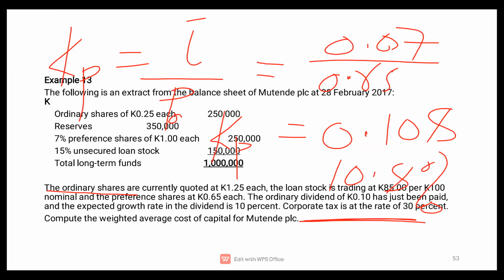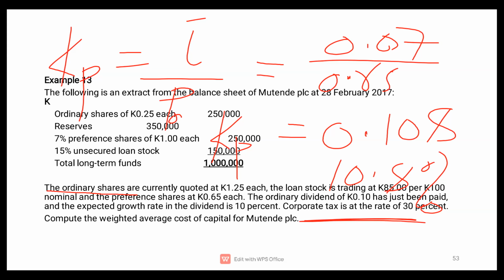But the preference shares are already given in terms of their value. What is the market value of the preference shares? $162,500.